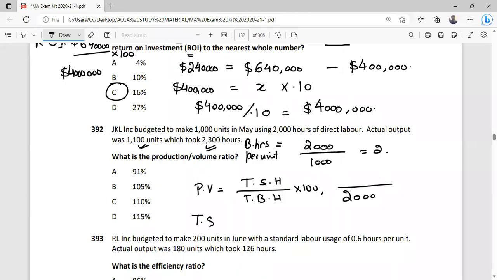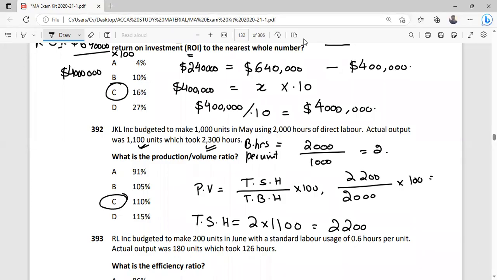So that's why we will calculate total standard hours, which is equal to budgeted hours per unit multiplied with actual activity level. So we have 2200 as total standard hours. So now we can calculate our production volume ratio, which is 110%. Right? Any question?